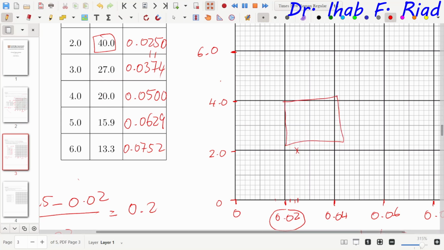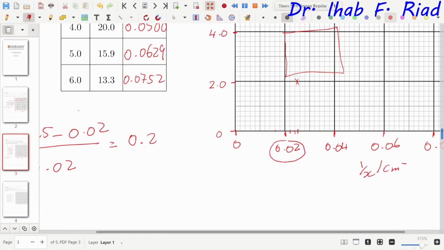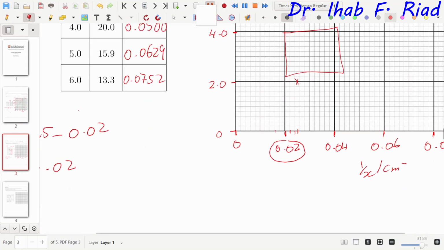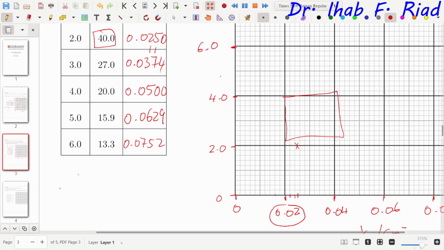Okay, so let us do the math again. We'd like to plot 0.0374. What is the closest scale mark on the x-axis? Closest to this value, it is 0.02.